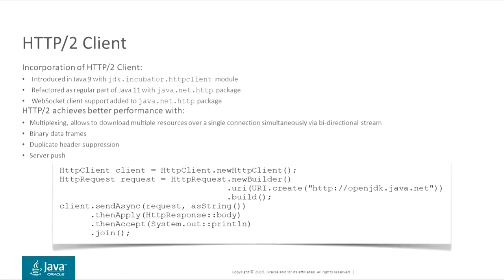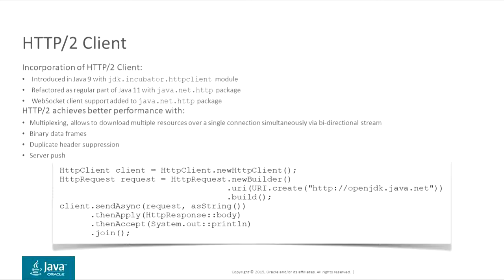the HTTP/2 client. A new protocol, HTTP2. The actual introduction of the HTTP2 client was done in Java 9, but it was an incubator module, so it was kind of gradually introduced. It was refactored in 11 as the java.net.http package, and then WebSocket support was also added to that.